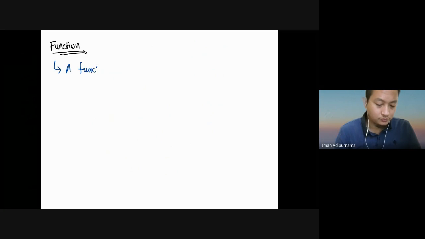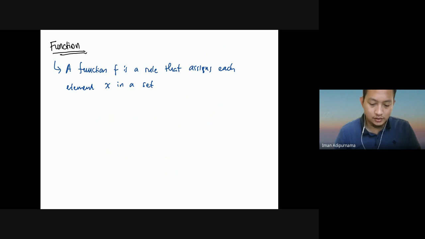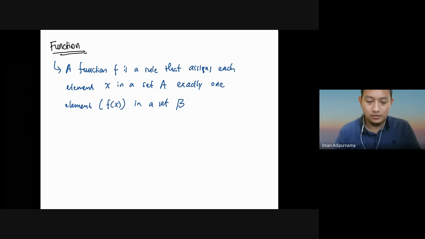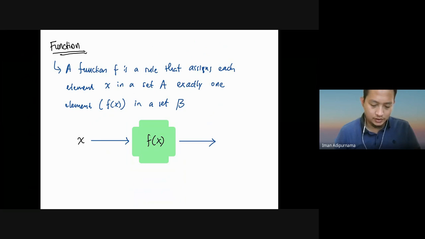A function is a rule that assigns each element x in a set A exactly one element called f of x in set B. Imagine that this is a function: this is x, this is f of x, this is f.